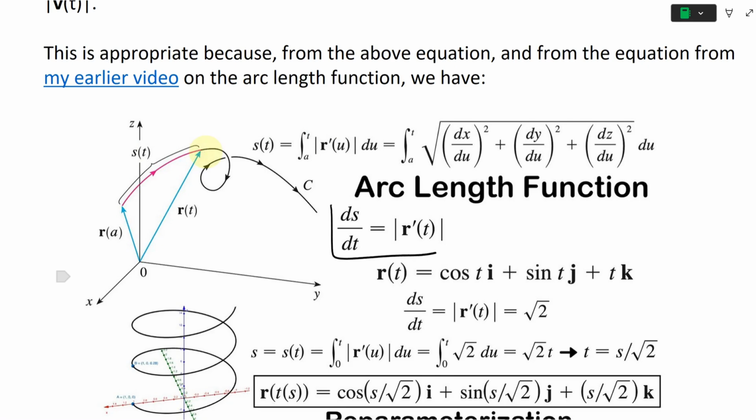The derivative ds over dt, using the fundamental theorem of calculus, is the integrand part in there. So the derivative equals this, and that's why if you take the integral, you're going to get the s. That's this whole part. So that's what we get, ds over dt.